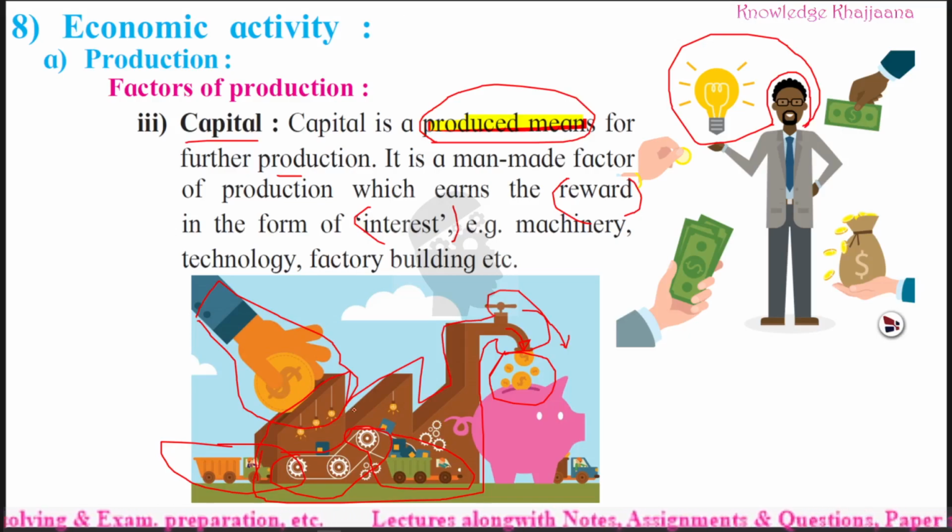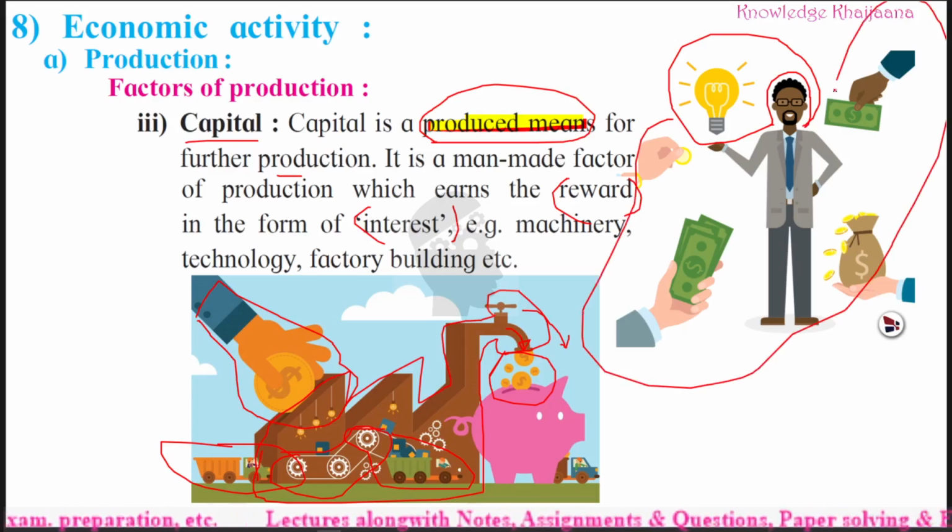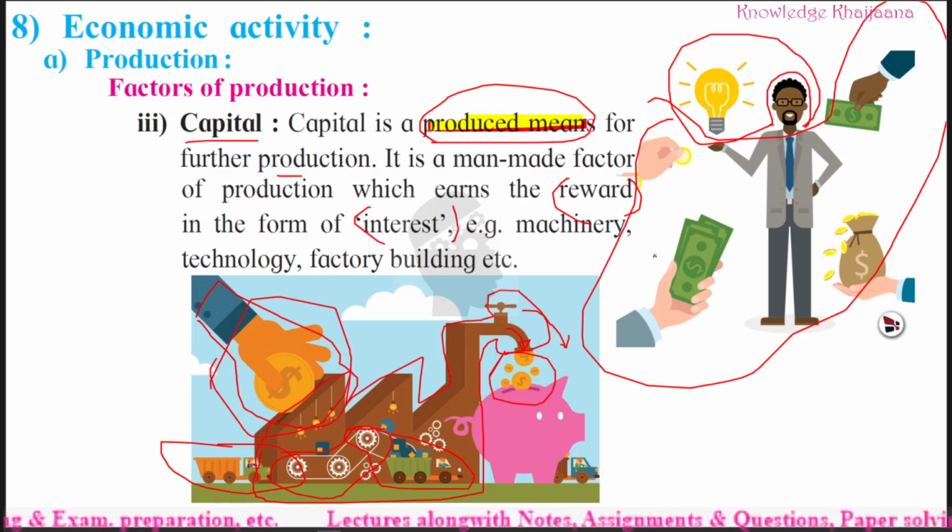So that is called capital. All these things are called capital. It is a man-made factor, obviously, because it is required for production. And what will that factor get after use? For example, if he has invested his money, or if he has taken money from different people and collected it to invest in his factory, then he will receive interest out of that money he has invested in that factory.